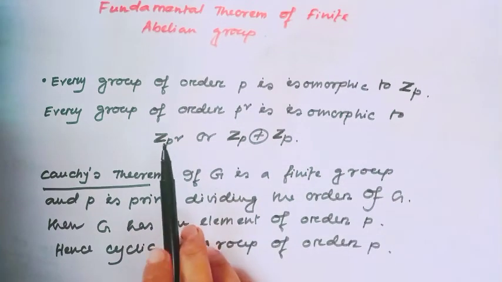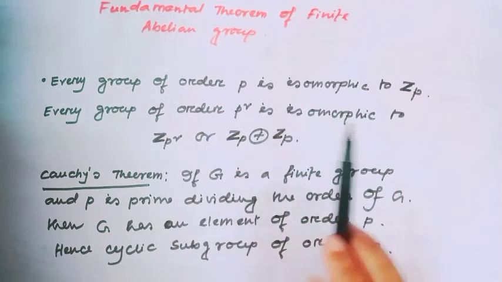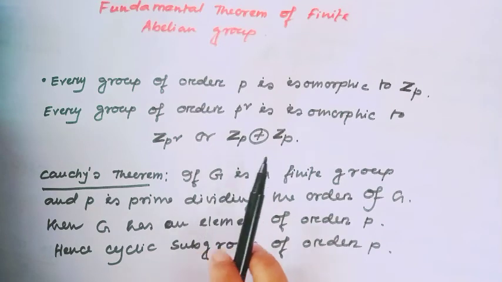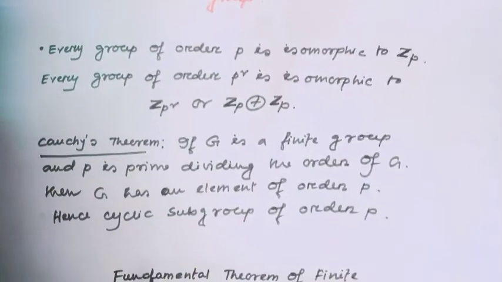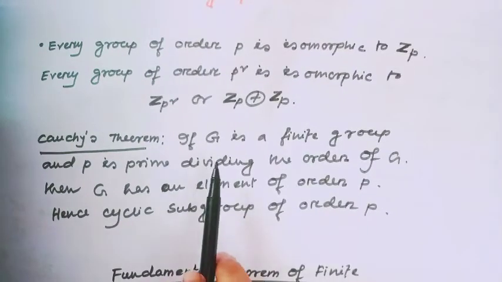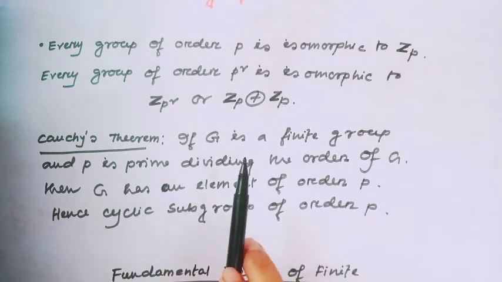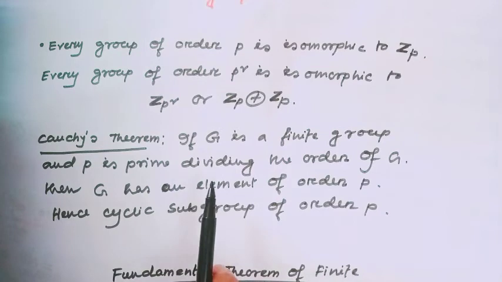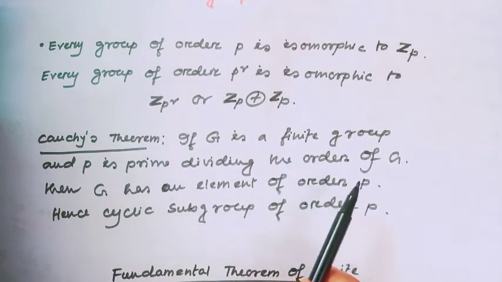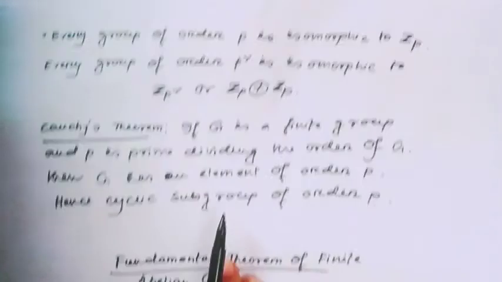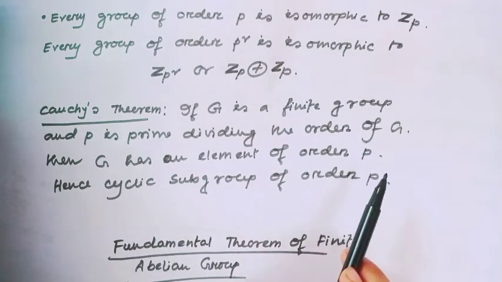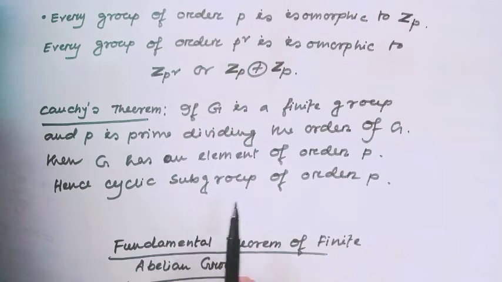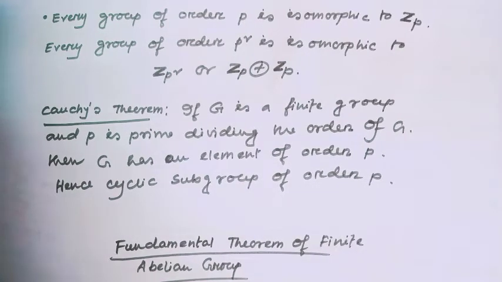Second, if the group has order p squared, then it is isomorphic to either Zp squared or Zp direct product Zp. And Cauchy's theorem: this theorem tells us that if G is a finite group and p is a prime number dividing the order of G, then G has an element of order p. That means G has a cyclic subgroup of order p.